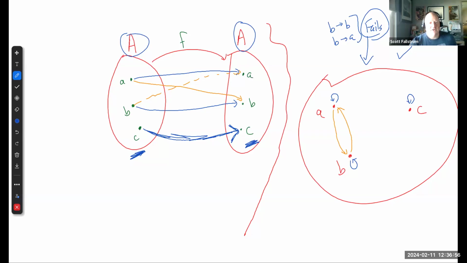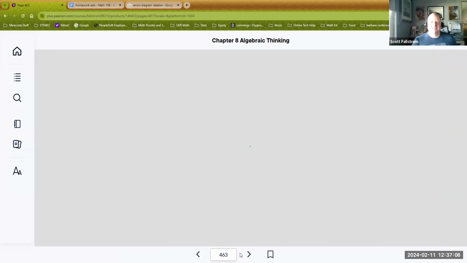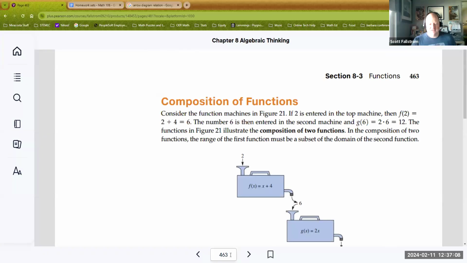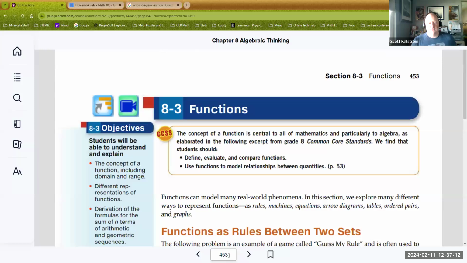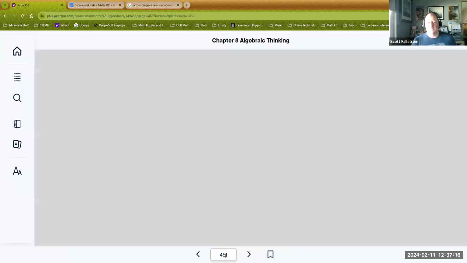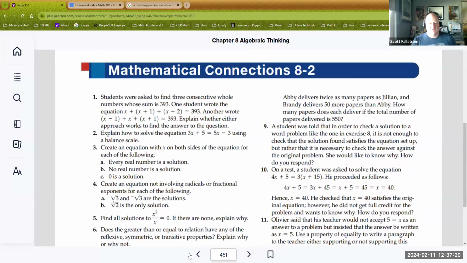Let me jump back to the other screen here. Okay, so when we were back doing relations, where was that? Was it about 463? We're close. Let's go 451-ish. Okay, so here we go. Those are the connections.